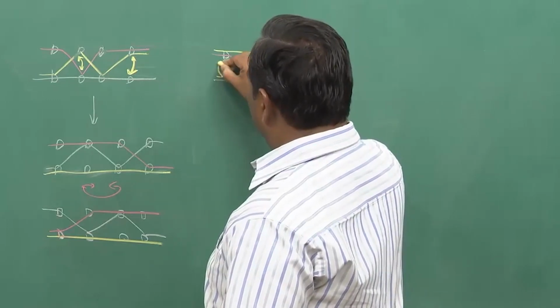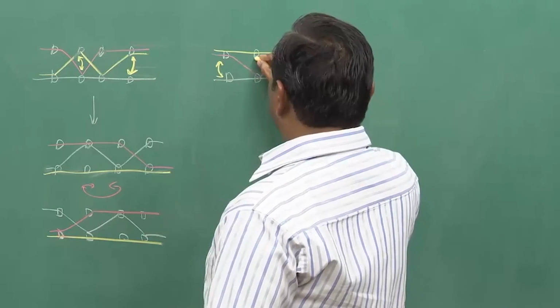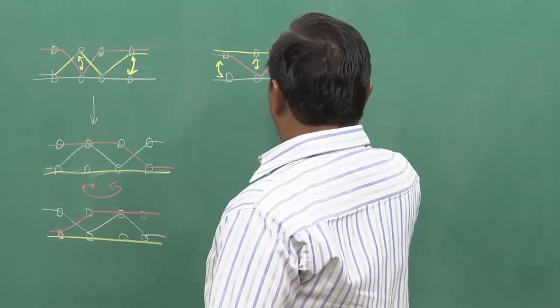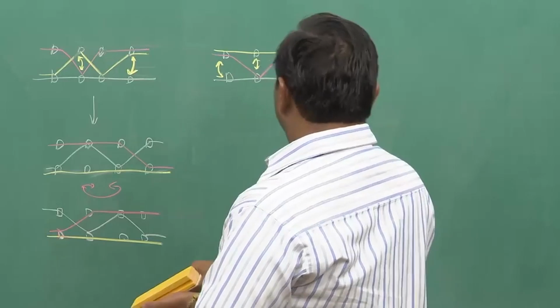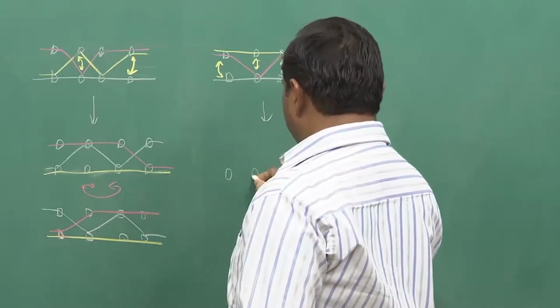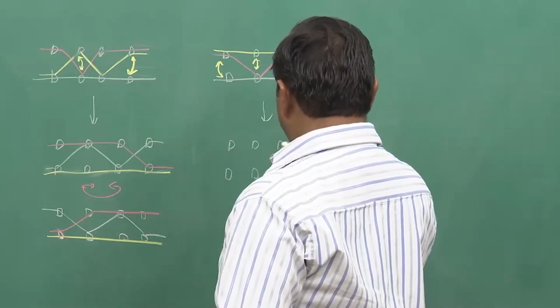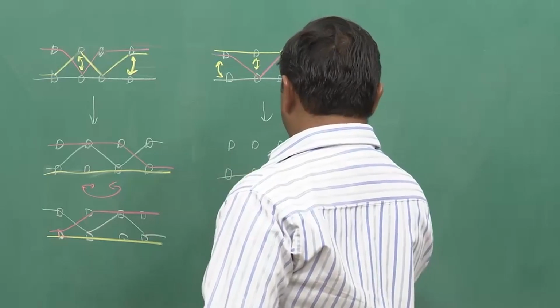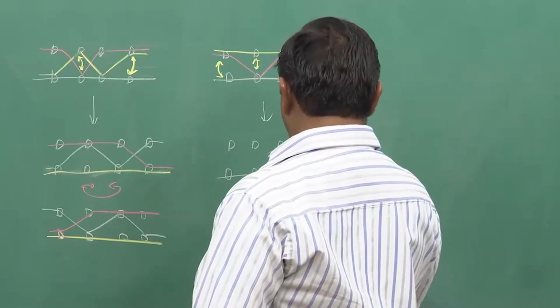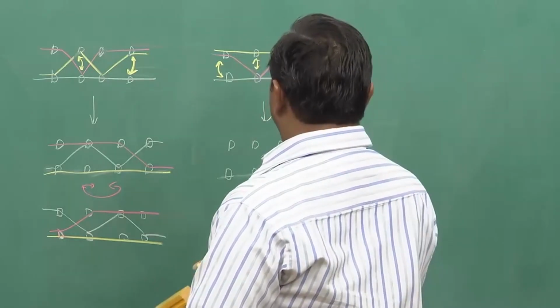So, I will do the swap, this one as a swap. So, I have to make yellow a straight line.